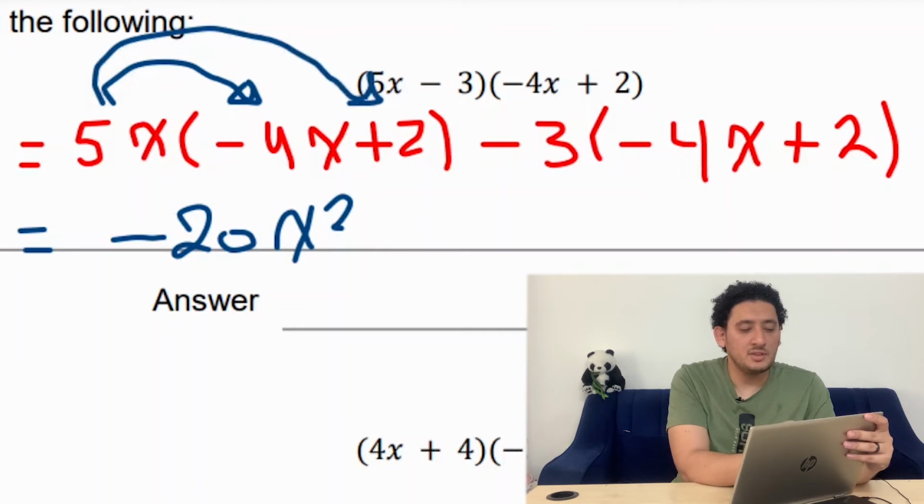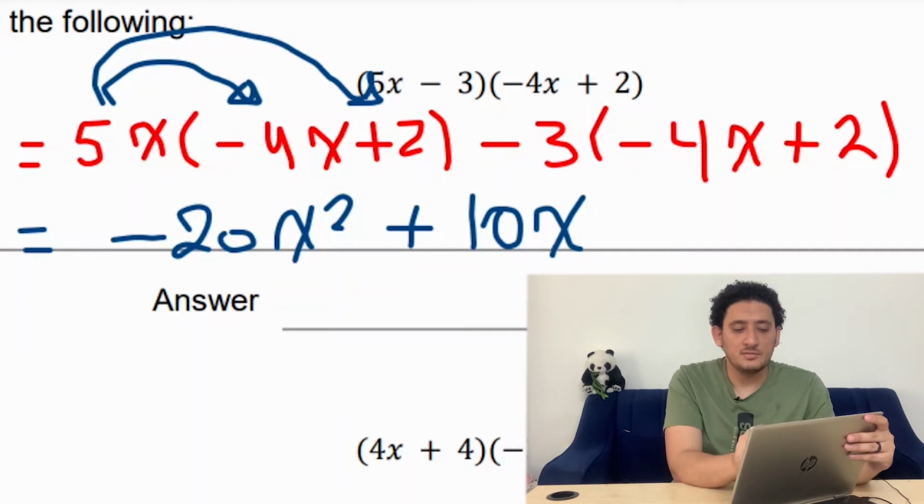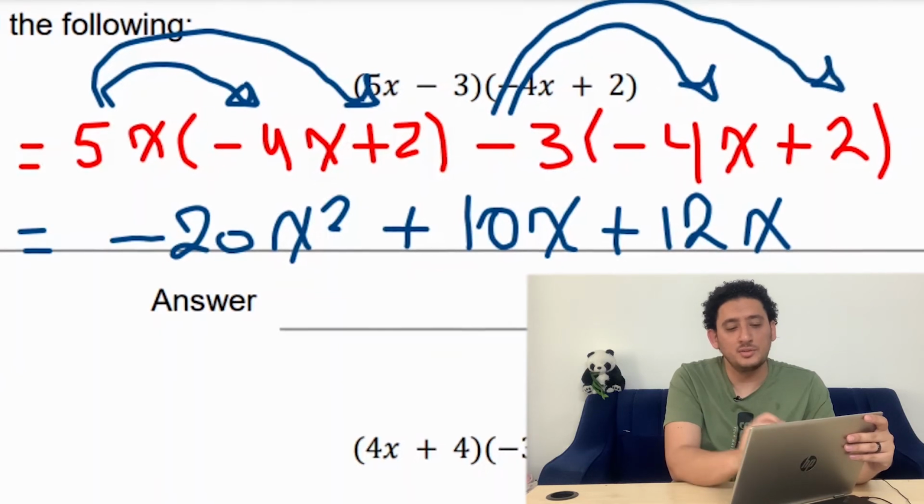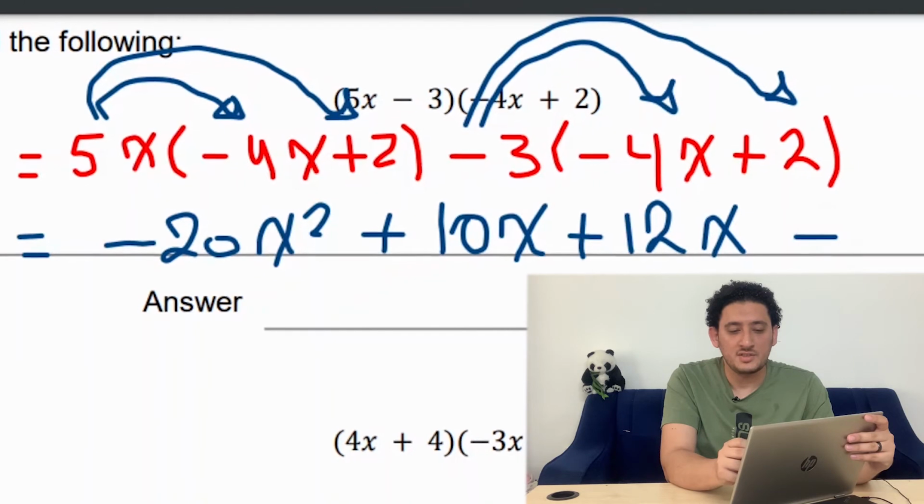5x will be multiplied by 2. It will be positive 10x. The second expansion will be negative 3 multiplied by negative 4x. Negative by negative means positive. 3 by 4 means 12x. Negative 3 multiplied by 2 means minus 6.